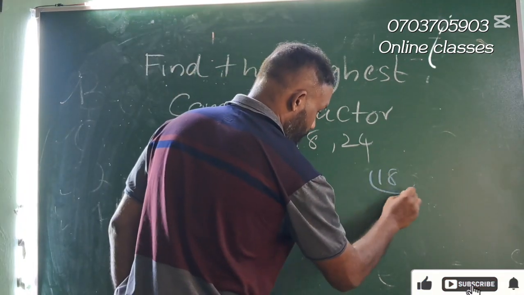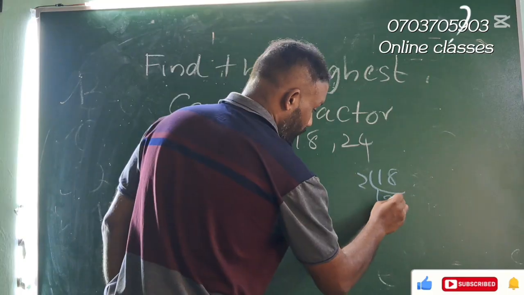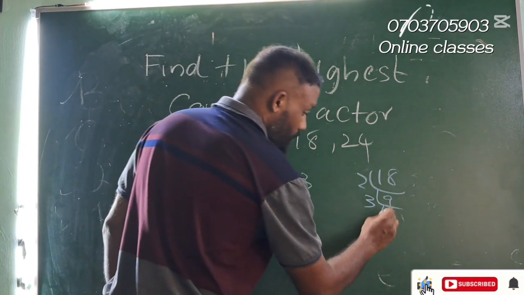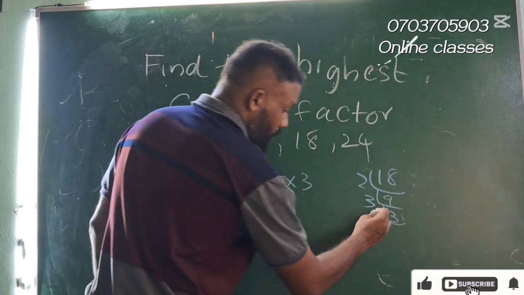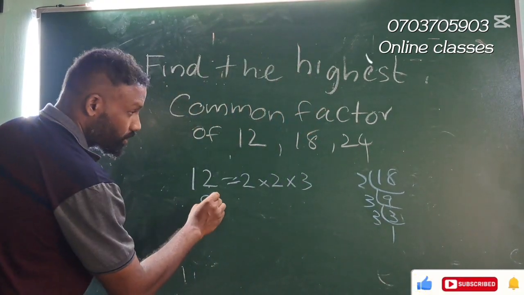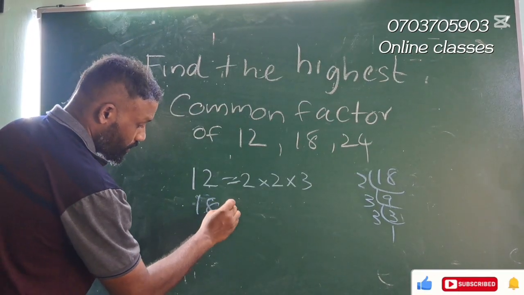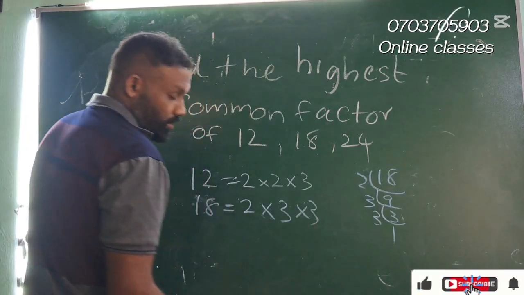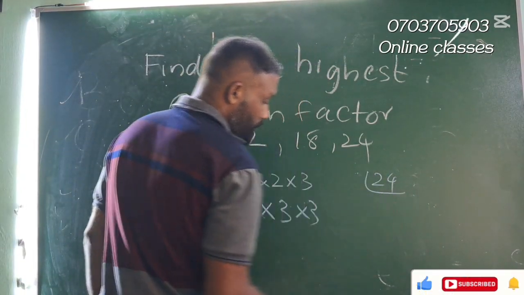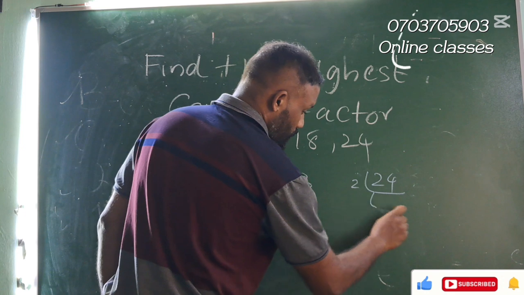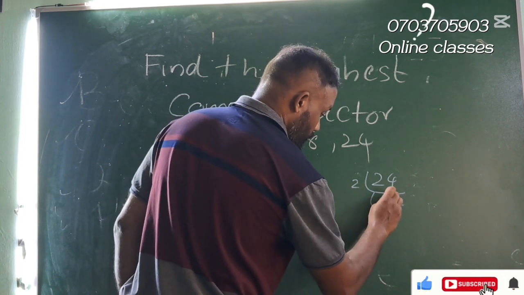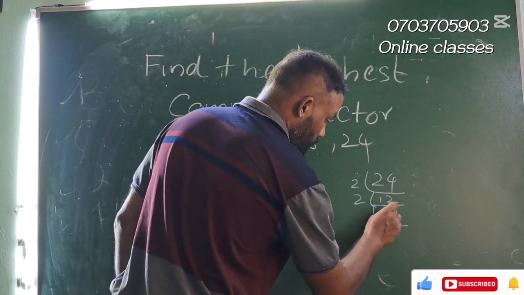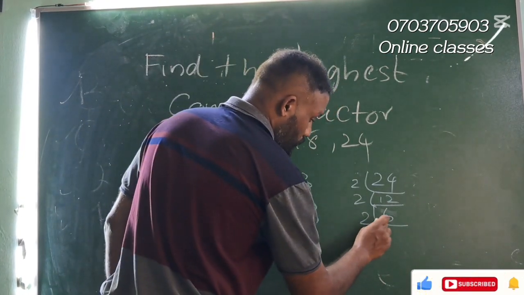9 is not divisible by 2 but divisible by 3. 18 equals 2 times 3 times 3. 24 is divisible by 2, 12 is also divisible by 2, then 6, 2, 3.